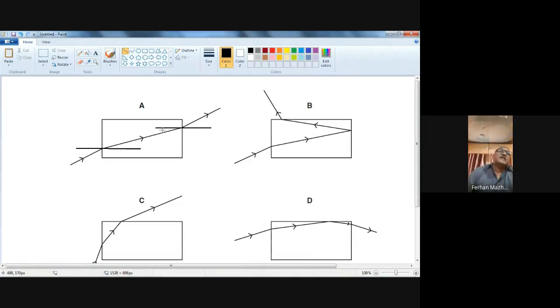You can see when the light entered from the glass block into the air, it was supposed to bend away from the normal, and it did. So there is no problem with figure A. So now I'm going to figure B. In figure B, the light entered into the glass block, so it is supposed to bend towards the normal, and it did.